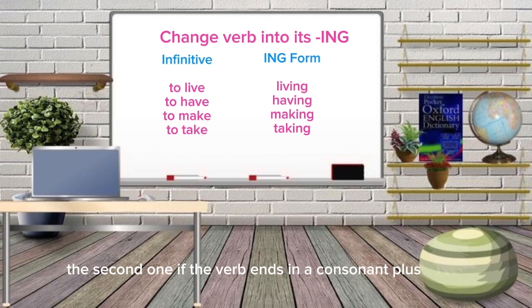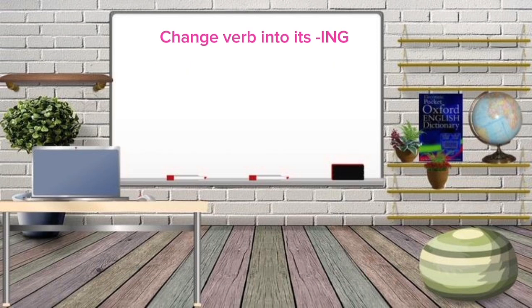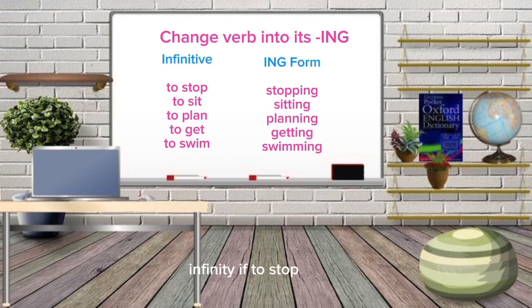The second: if the verb ends in a consonant plus vowel plus consonant, we double the final consonant and add ing. For example, infinitive to stop, ing form stopping. To sit becomes sitting. To plan becomes planning. To get becomes getting. To swim becomes swimming.